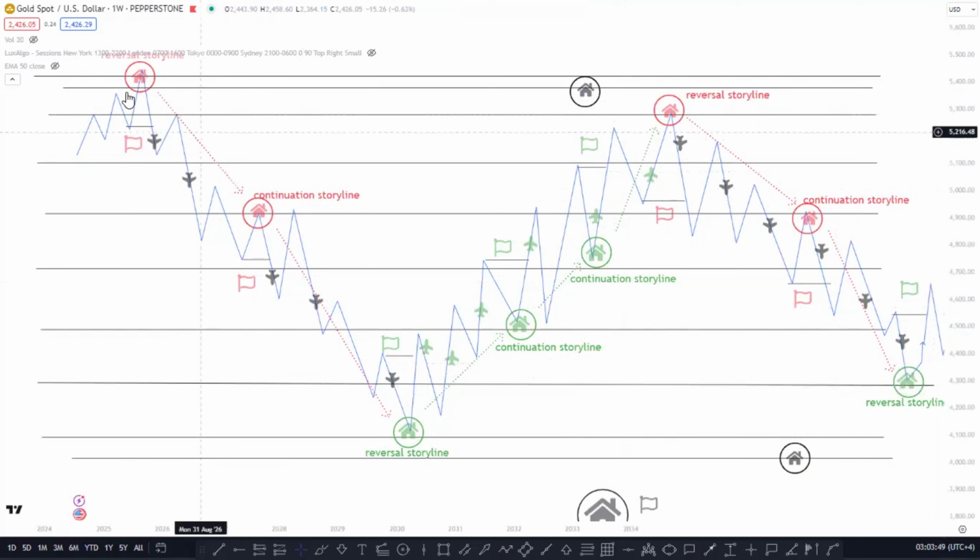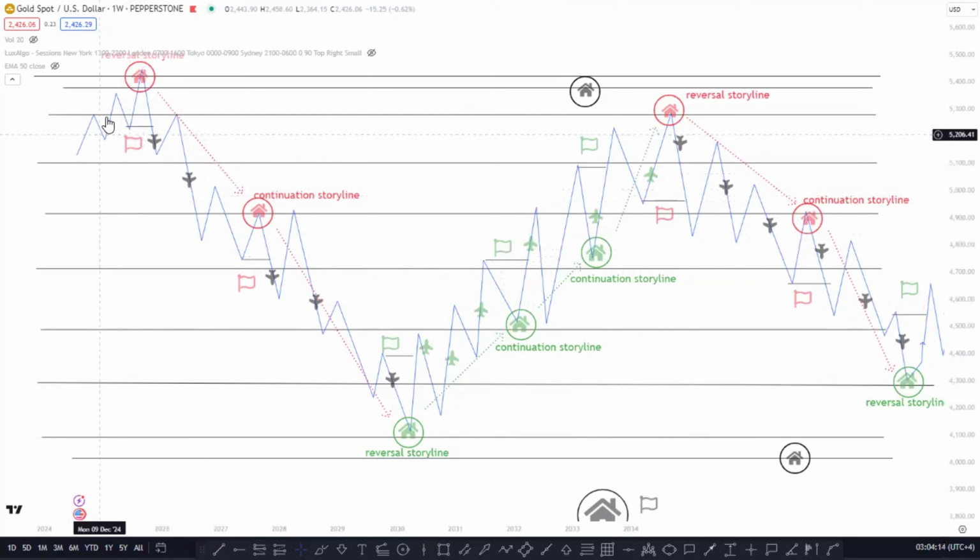The airplane represents the price. The red flag represents a bearish breakout, and the green flag represents a bullish breakout.